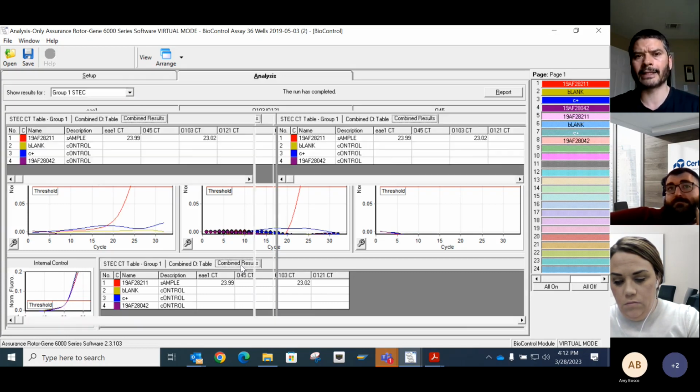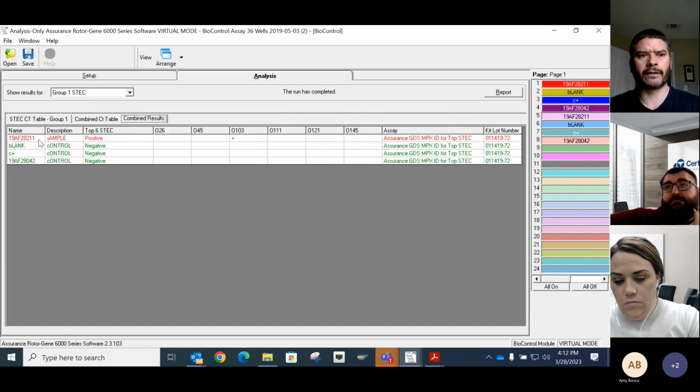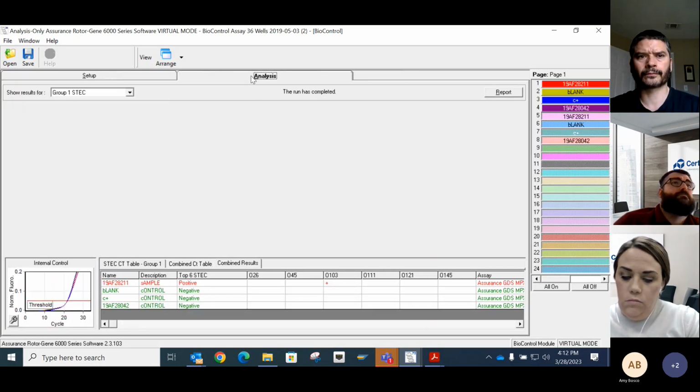The system will combine, tabulate the results, and if you see this sample number here was positive for O103. So definitely no need to try to understand any of the combination of genes.